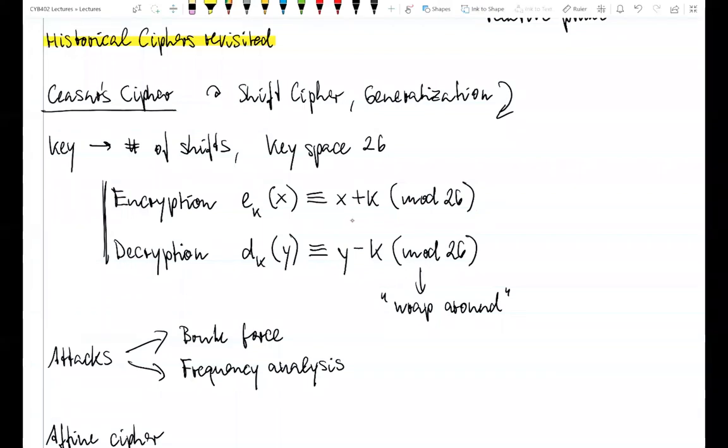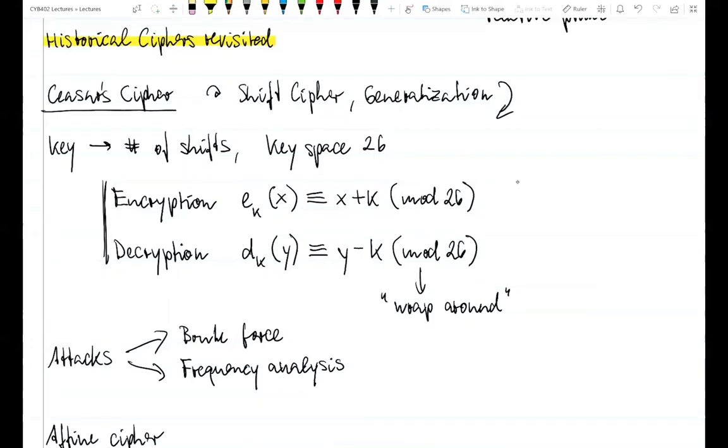So convince yourself that the modulo is important in order to elegantly manage the wraparound. Let's say we want to shift the letter Z by 5 positions. Obviously, that results in a wraparound, and we start at the beginning of the alphabet again. So this is an interesting way to express that elegantly and mathematically correctly.